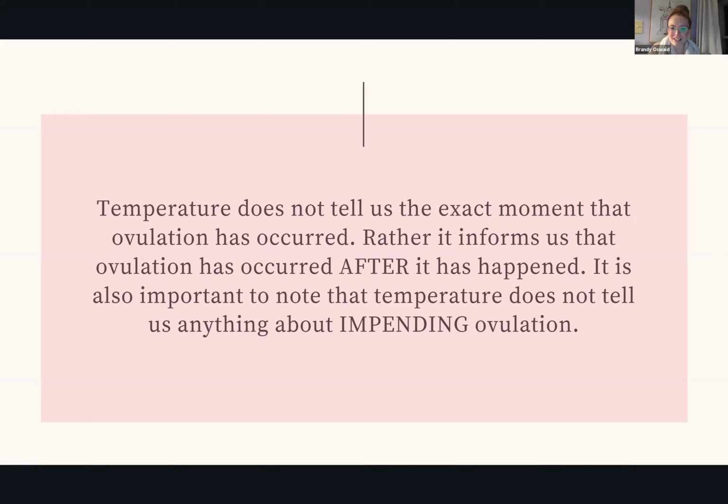That's not how temperature works. Temperature doesn't tell you anything about ovulating. It tells you that you ovulated after it happened. It's a confirmation tool. The only thing that tells us about impending ovulation is cervical fluid or cervix tracking, which we'll get to in a second. So we use temperature to confirm that we had an ovulatory cycle.